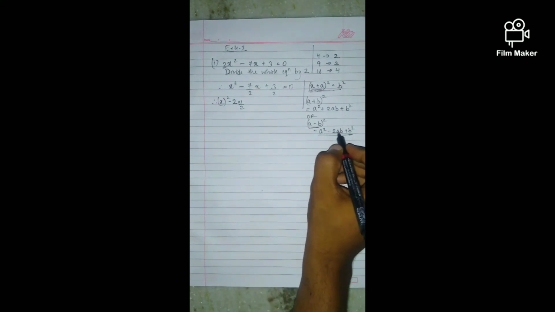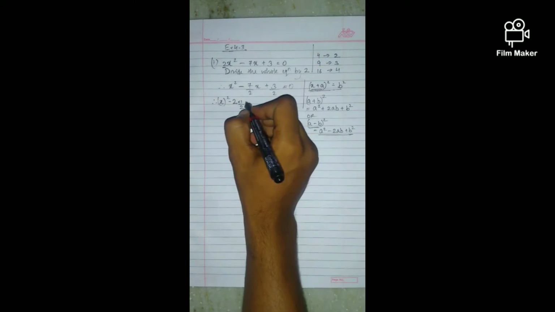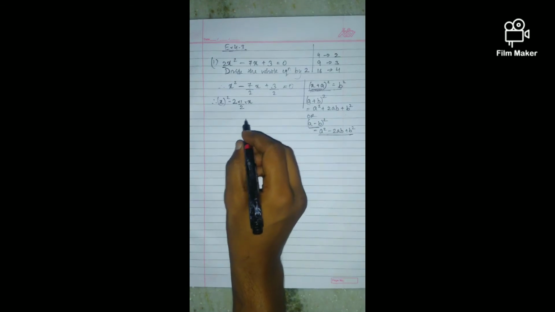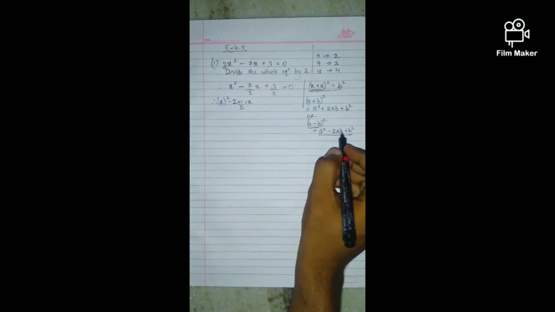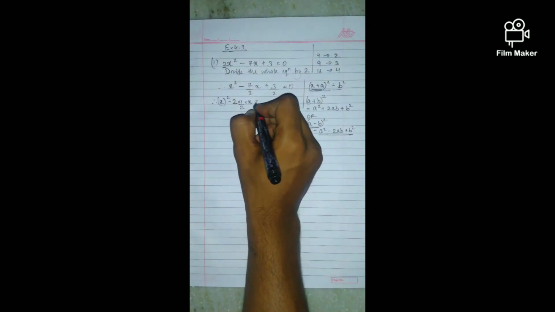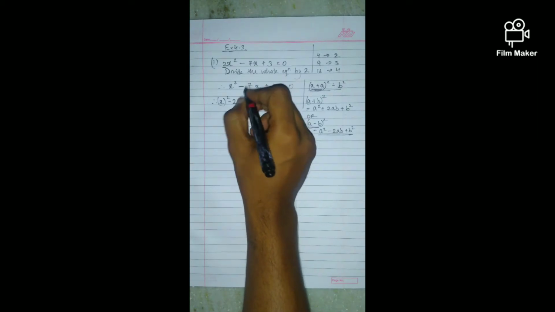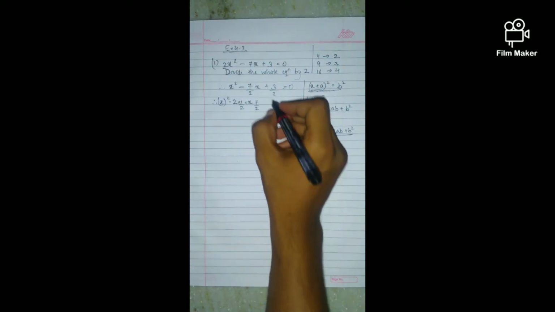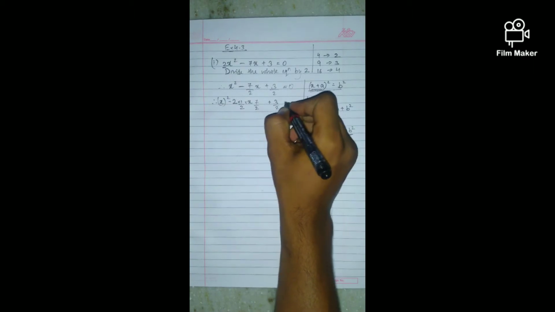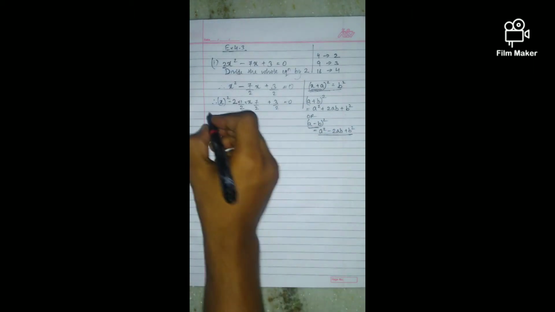And we have to write a, here a is x, and we have to write b, that is 7 by 2. Write the remaining part, plus 3 by 2 is equal to 0.